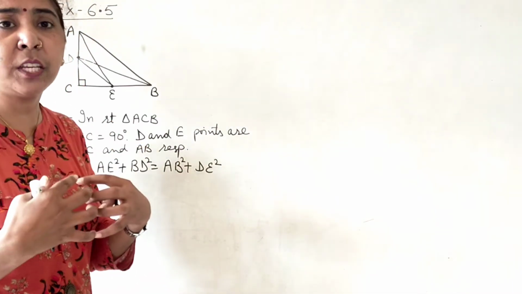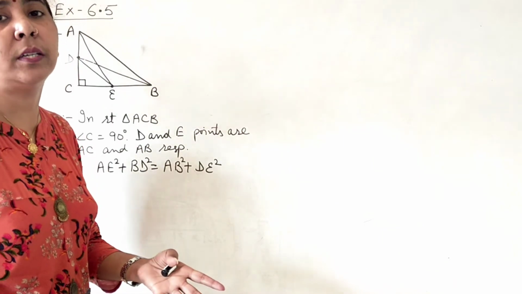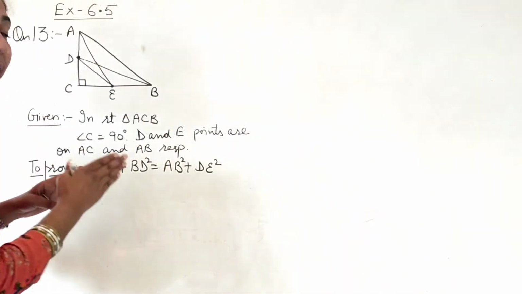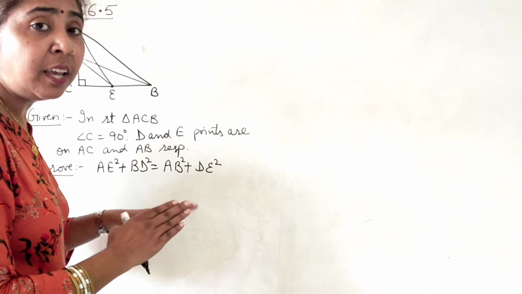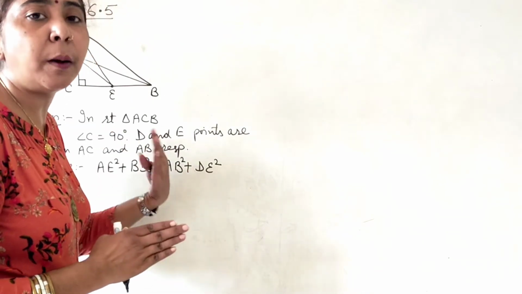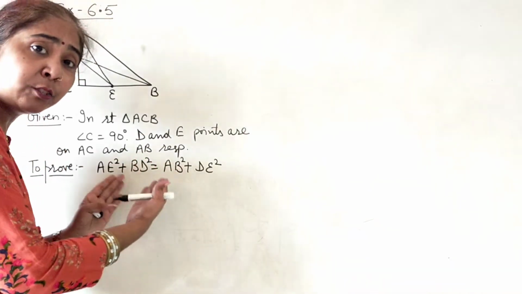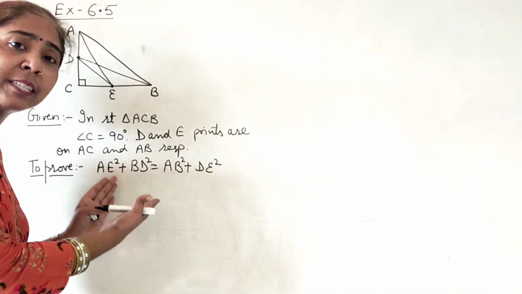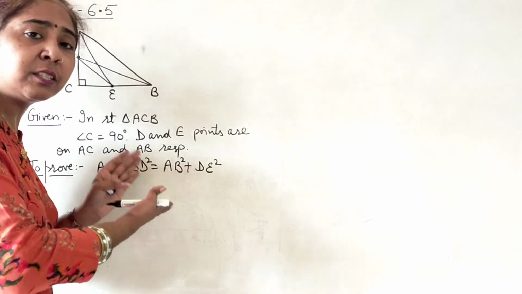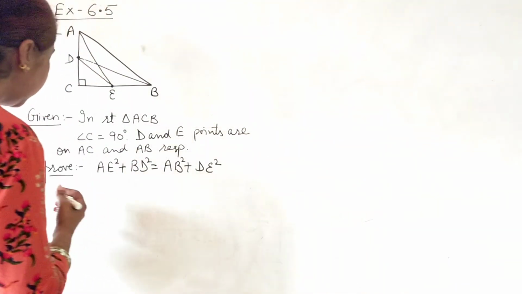A combination of these two, you can solve the question. It's an easy question. The two sides of the proof will tell us which triangle we have to take. Okay, so proof.